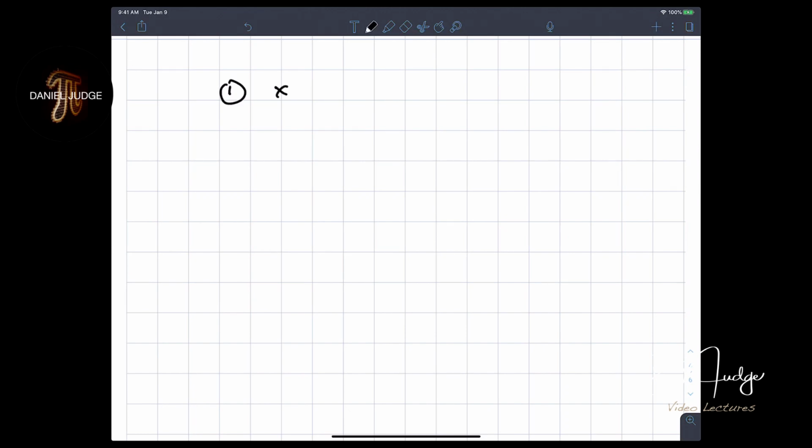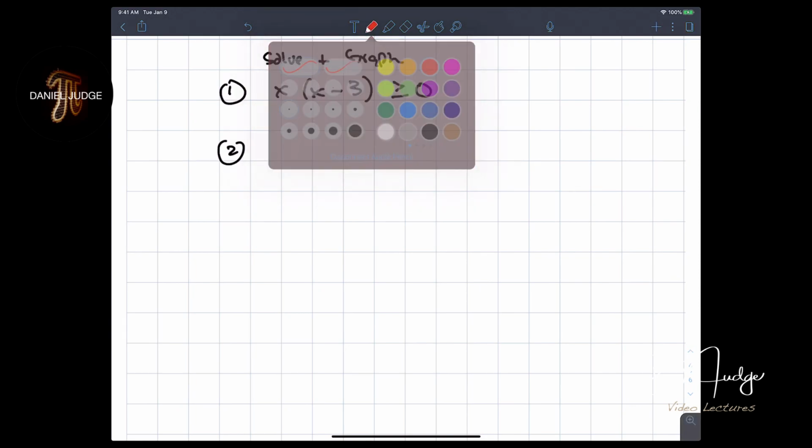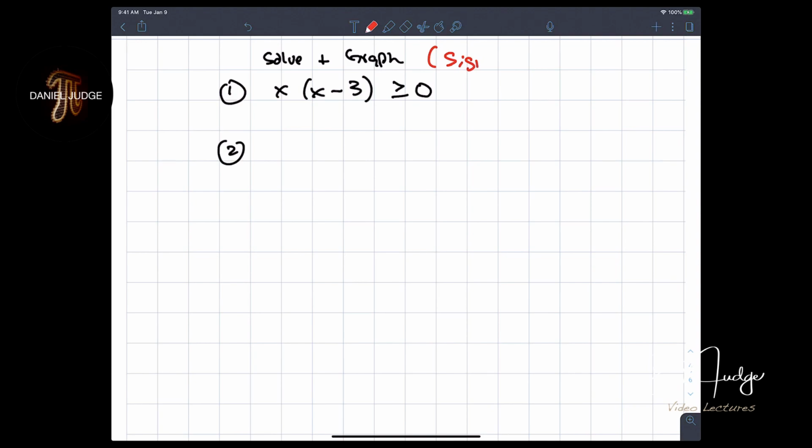I'm going to say you have x times x minus 3 greater than or equals 0. I want you to use sign analysis here. I want you to solve and graph. And again, this is sign analysis. See what you get with that first one.